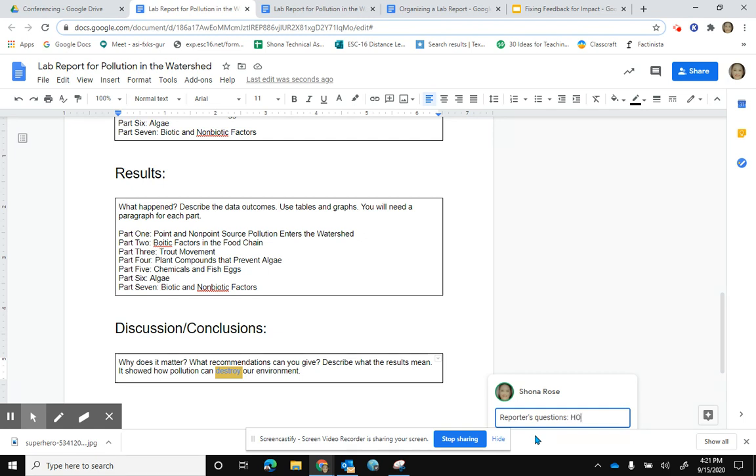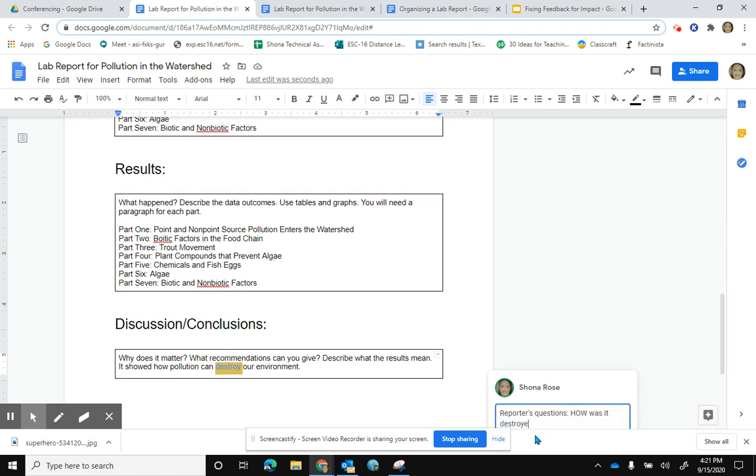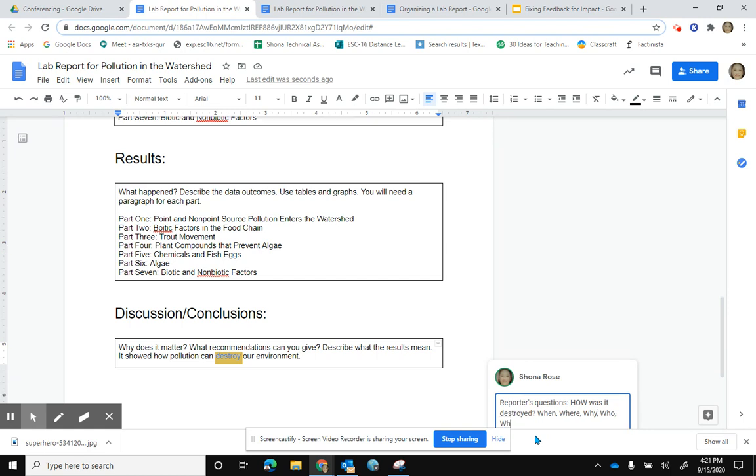And we would say, how was it destroyed? When? Where? Why? Who, or what? Okay, so you can give specificity of how the pollution is destroying the environment and where, and all of those things right there.